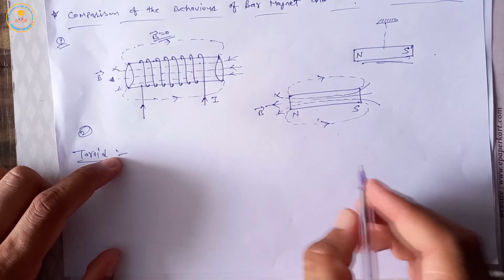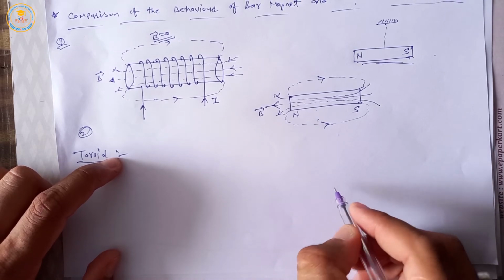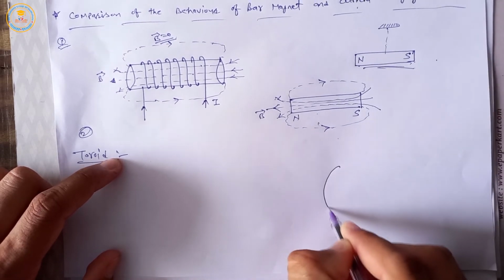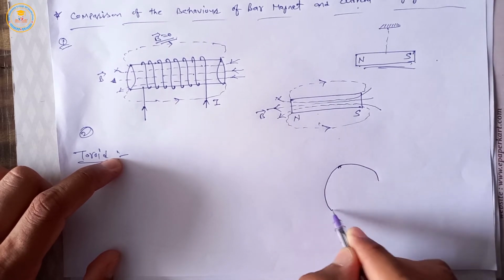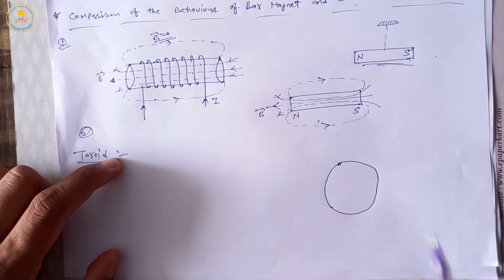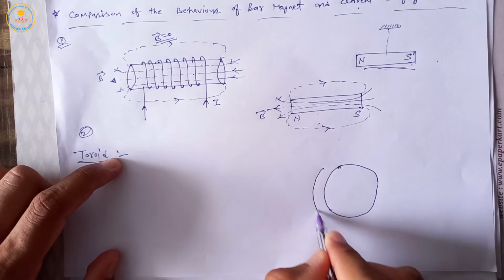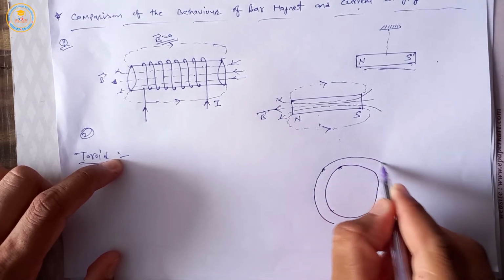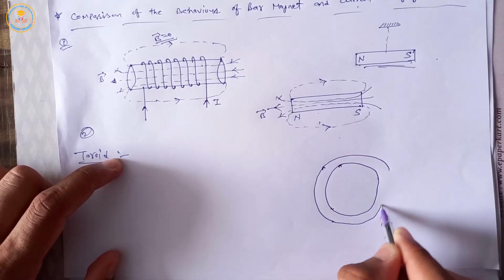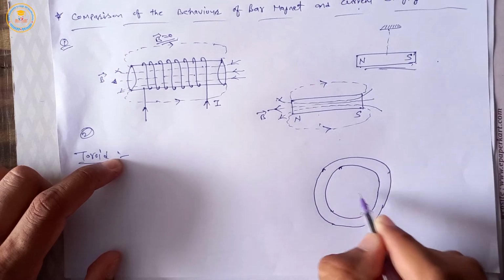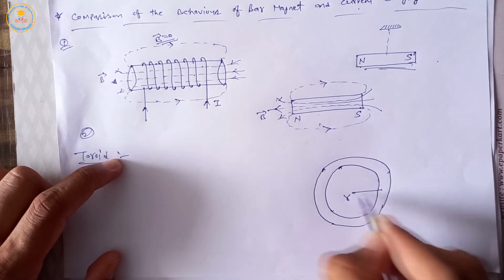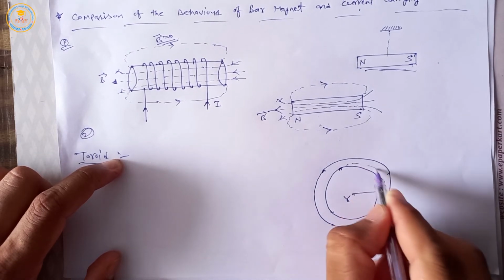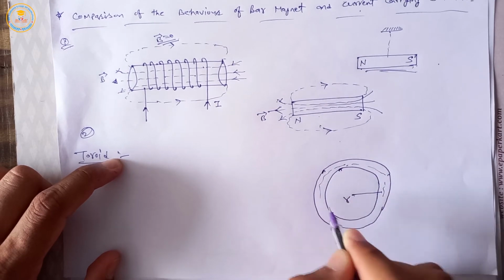Now we represent the diagram of the toroid. It's like that. This is a circular ring of radius small r. The radius of this ring is small r. This is the axis of this circular ring.